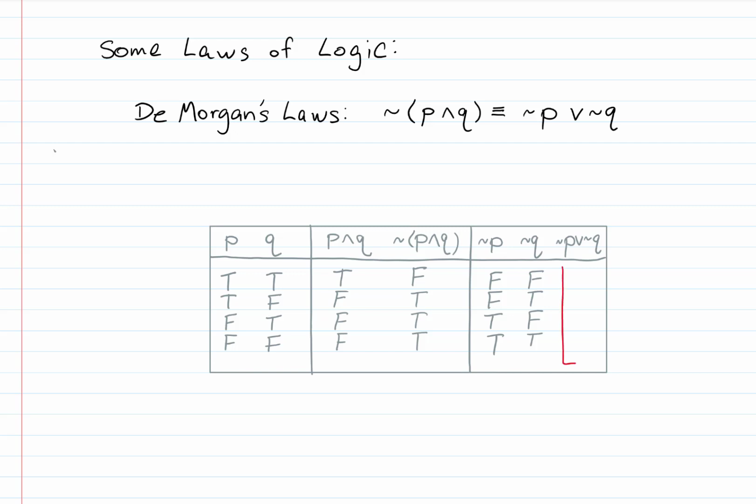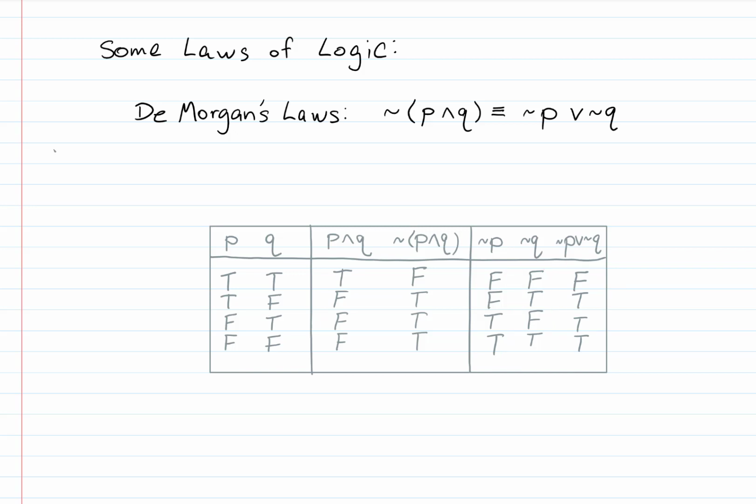And now for the disjunction of those two, I look at these two. And remember from the previous lecture, a disjunction is true if and only if one or both components are true. So it'll be false in this case when both components are false, but in every other case it's true.